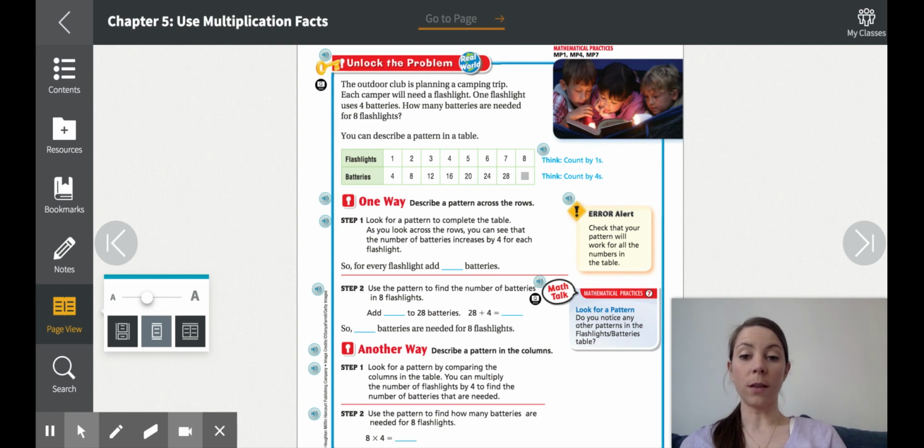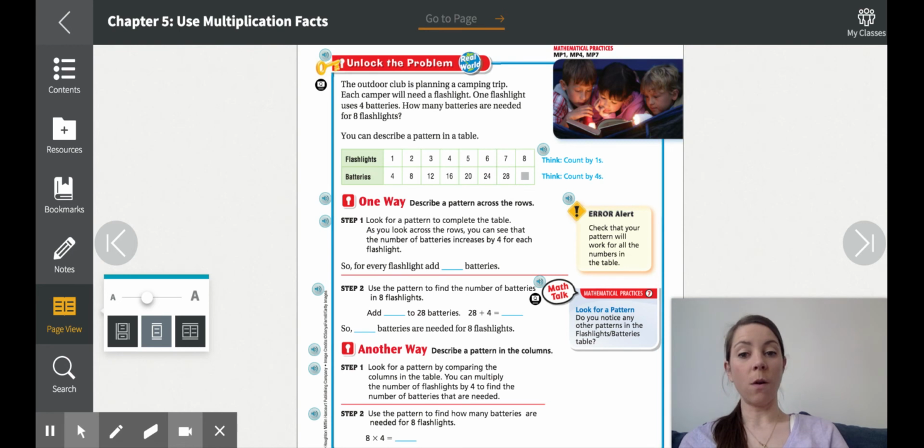So step 1 says look for a pattern to complete the table. As you look across the rows, you can see that the number of batteries increases by 4 for each flashlight. All right, so let's see what they mean. As my flashlights increase by 1 each time, 1 flashlight, then 2 flashlights, then 3 flashlights, what's happening to my batteries each time?